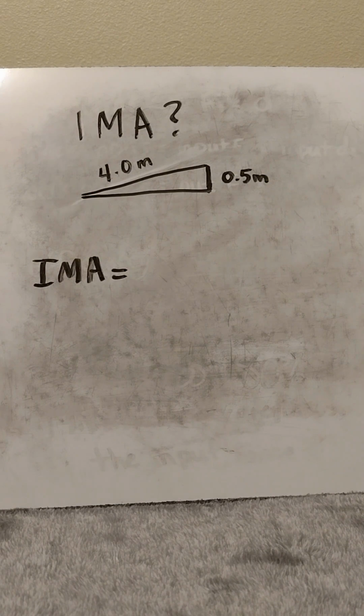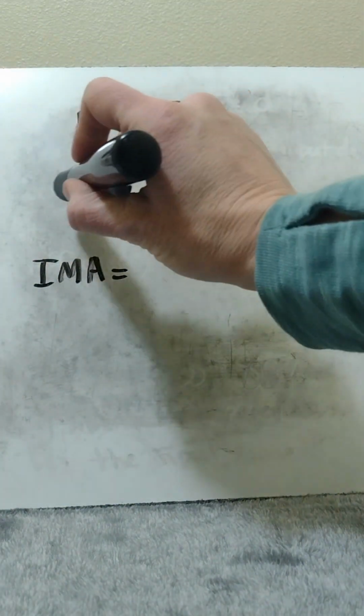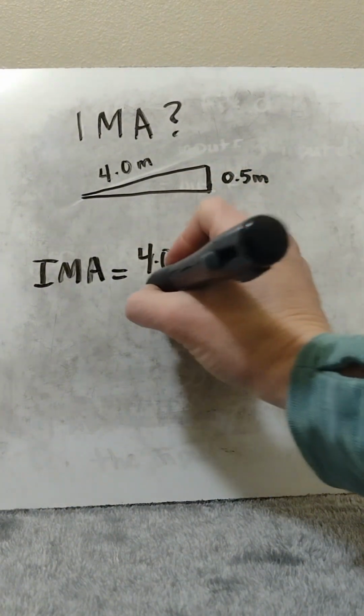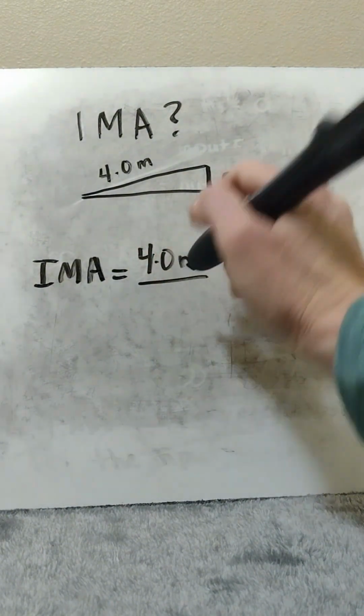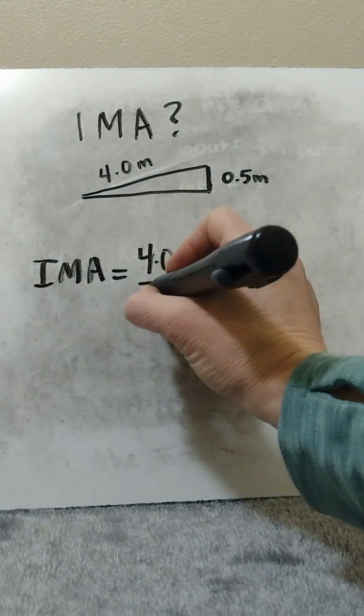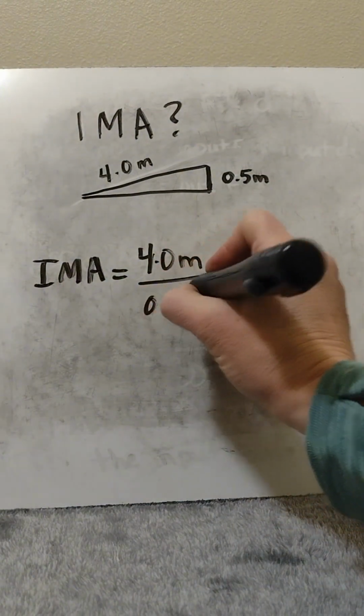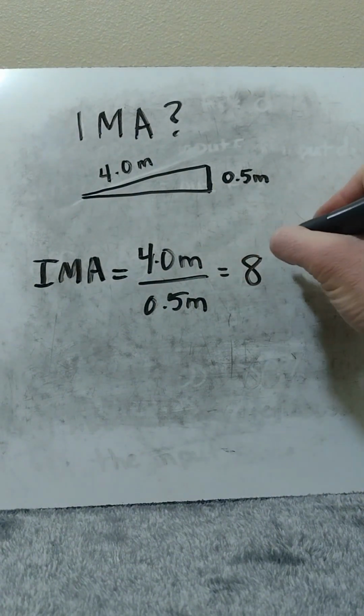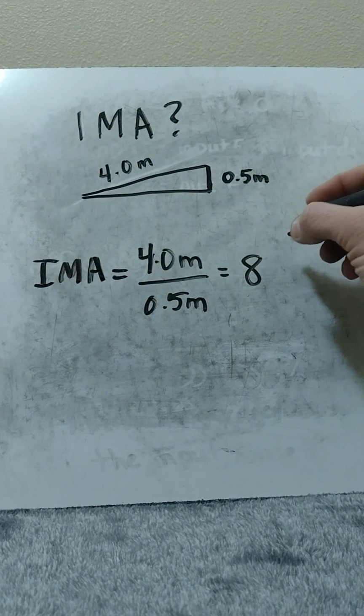So the input distance is what you're putting your force across. So that's going to be 4.0 meters. And then the output distance is how far you went up in distance. So 0.5 meters. And if you divide those, that equals 8. So the ideal mechanical advantage is 8.